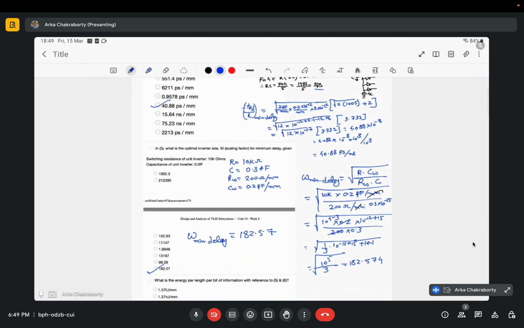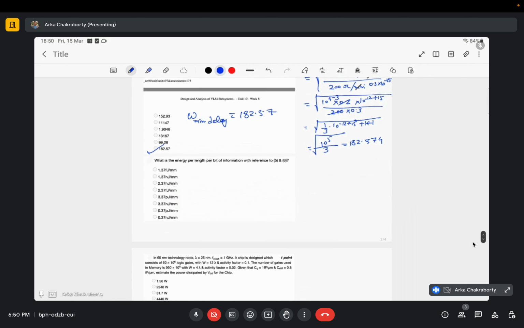Any confusion, anyone? No, right? Okay, then we can move forward. Once you understand how to derive these expressions and from where we are getting them, it's simply that you have to plug in the values, and you will get the corresponding result for W min or number of stages, whatever has been asked. Okay, then let us move to the next question.